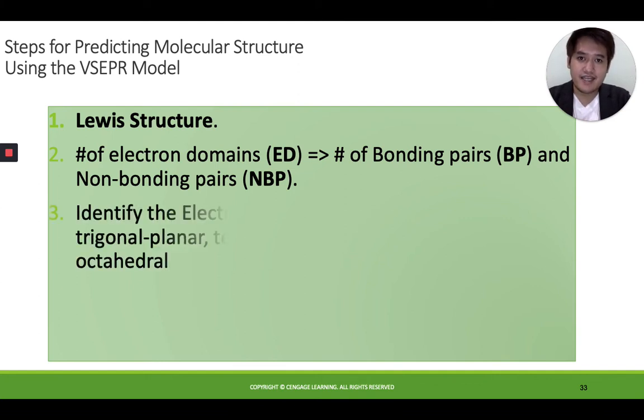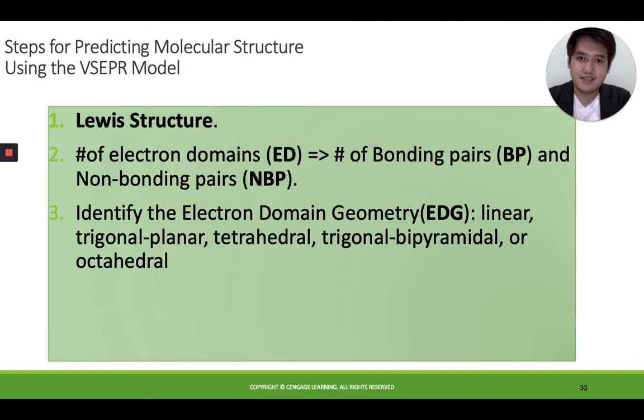Again, when you say electron domain, these are practically spaces where there is high electron density. So it can either be a non-bonding electron pair, or a single bond, or a double bond, or a triple bond.